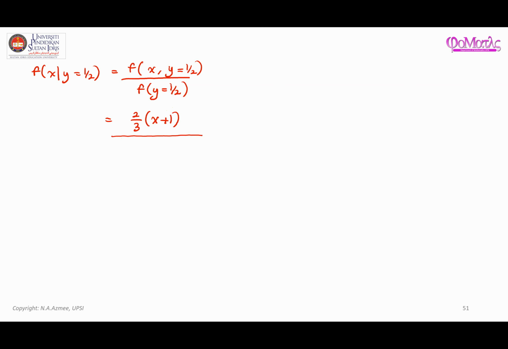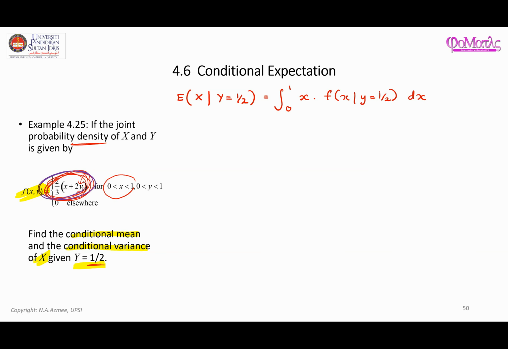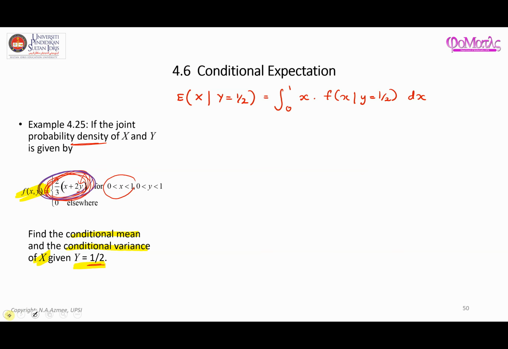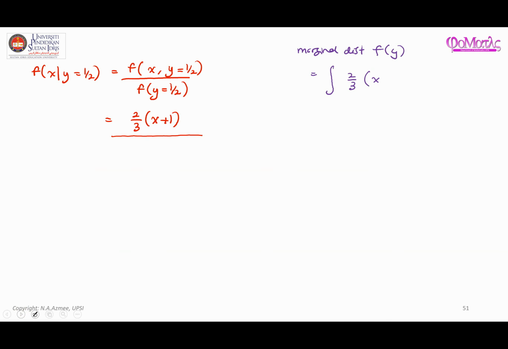Okay, so remember, if you want to find the marginal distribution, now we need to find the marginal distribution of fy, and what you need to do is integrate the joint density, which is 2 over 3 x plus 2y.